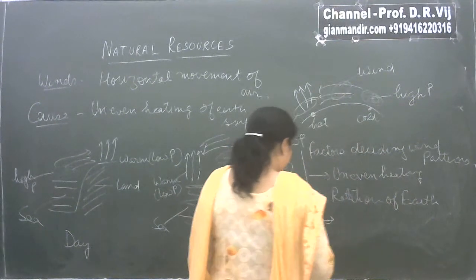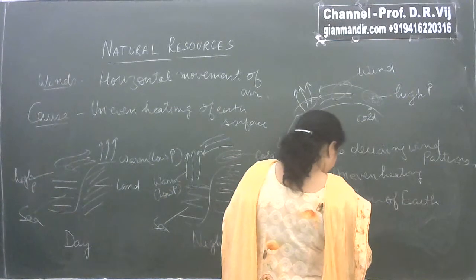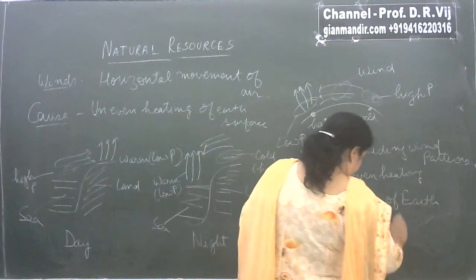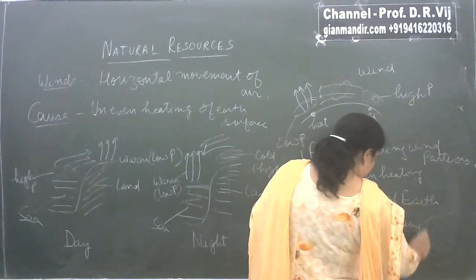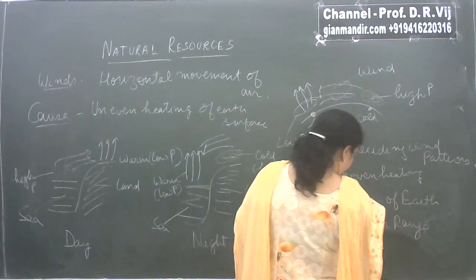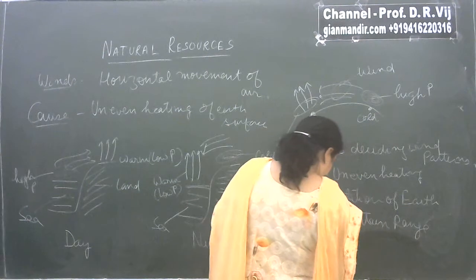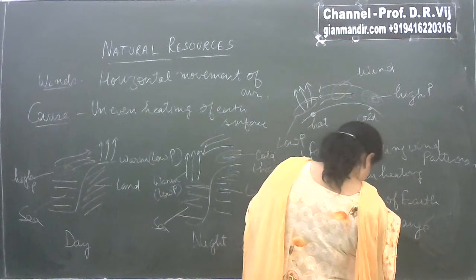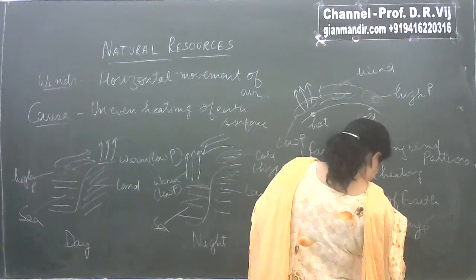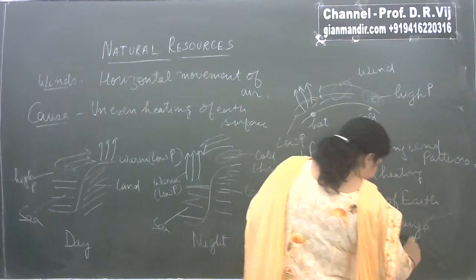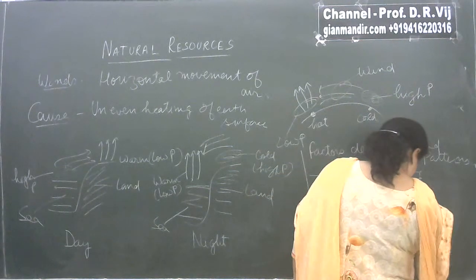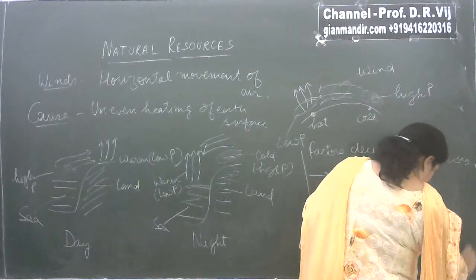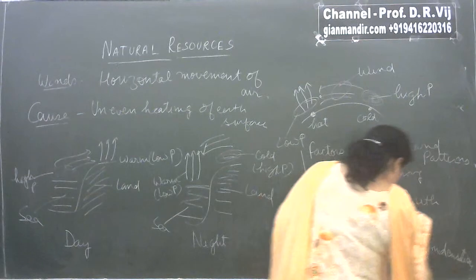Another one is presence of a mountain range in the path of the wind, so that the direction of wind flow can be diverted. And another one is vaporization and condensation of water vapors.